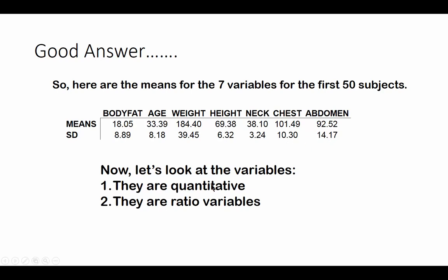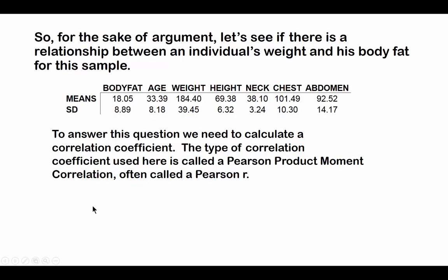The variables are quantitative and they are ratio, which means that 0 means 0. There's none of something. Well, that's good, because otherwise we got a problem.